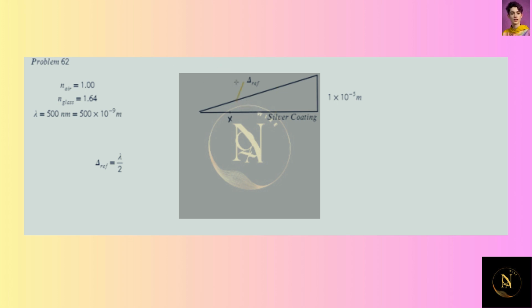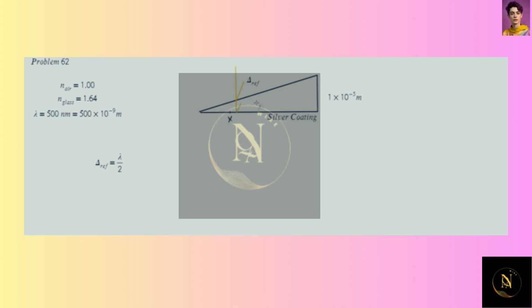As the light comes in, part of it is reflected, and part of it is transmitted. It travels this distance d, and then gets reflected because of the silver coating, and when it gets reflected, it's also shifted 180 degrees.